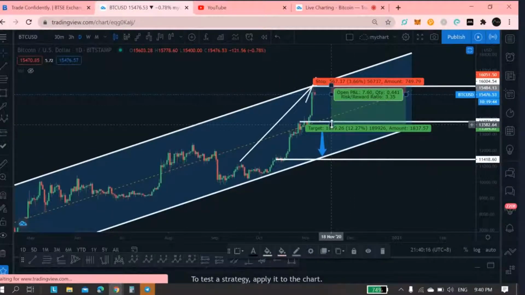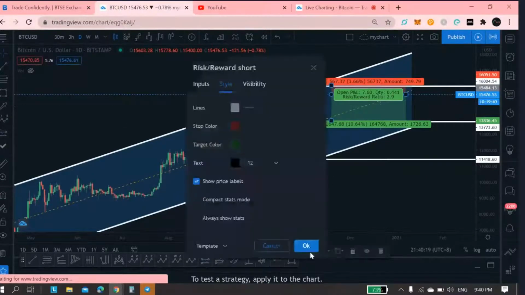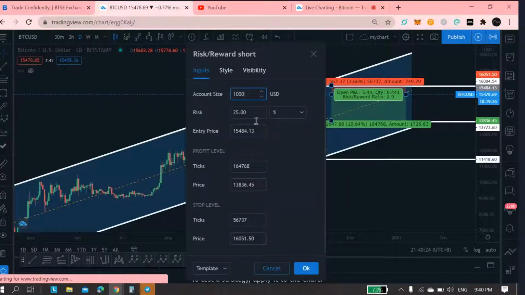And this one is around the 13,800 area. So let me just... entry price. It depends where it closed, but the profit area is around 13,800, and the resistance or stop loss is around 16,000.